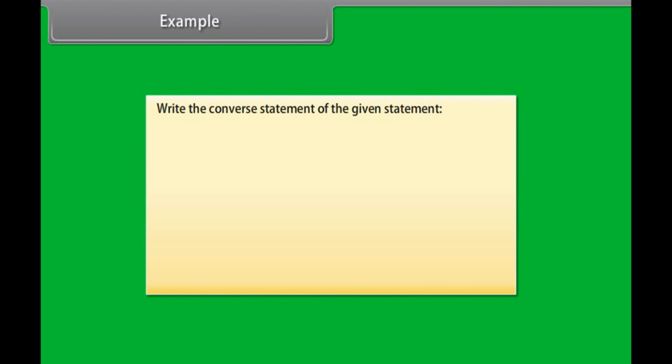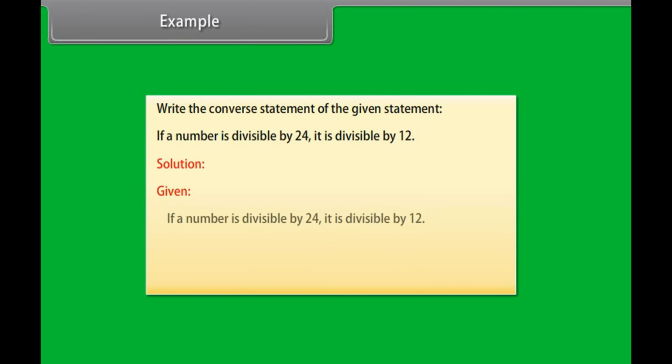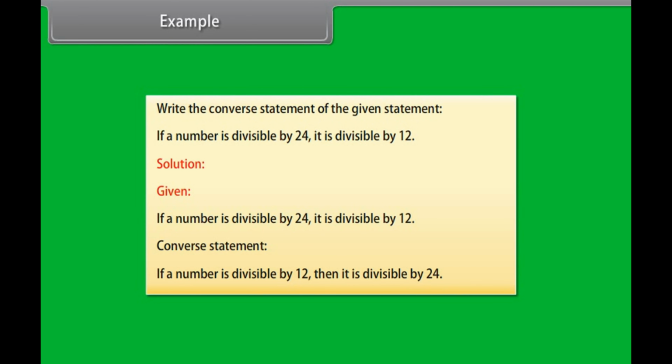Write the converse statement of the given statement. If a number is divisible by 24, it is divisible by 12. Solution. Given: if a number is divisible by 24, it is divisible by 12. Converse statement: if a number is divisible by 12, then it is divisible by 24.